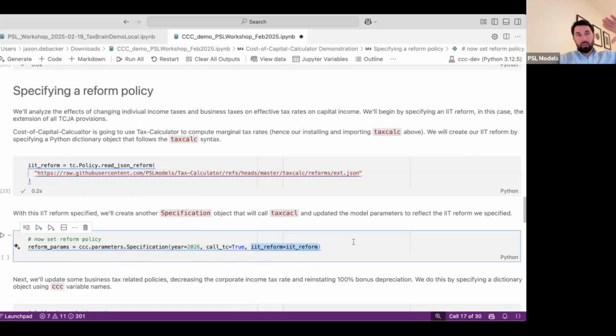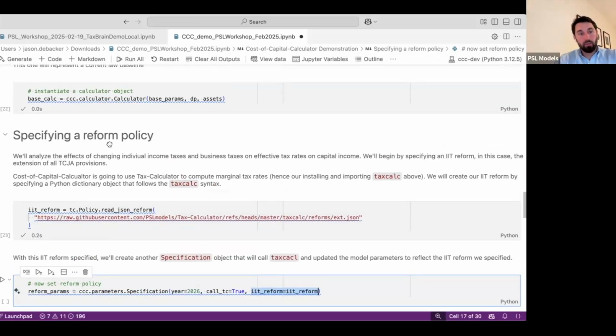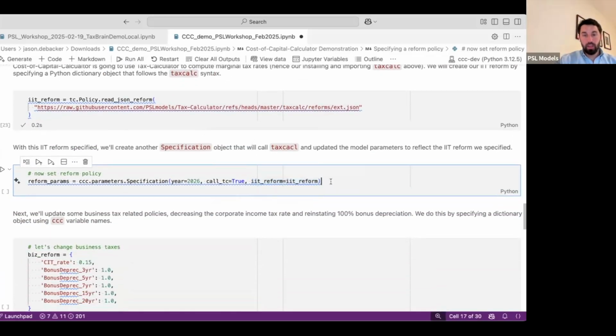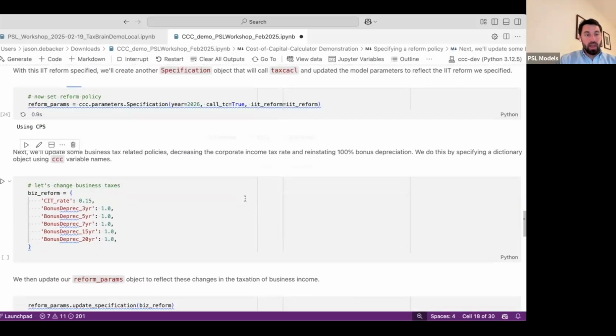So now we have, in 2026, under reform params that we're setting in this line, TCJA permanent. So we won't have the expiring provisions at the end of 2025. In general, this is going to mean we're going to have lower marginal tax rates on individuals and on pass-through business income for those individuals in 2026 than we would in the base params that we set above. So I'm going to set those reform params.